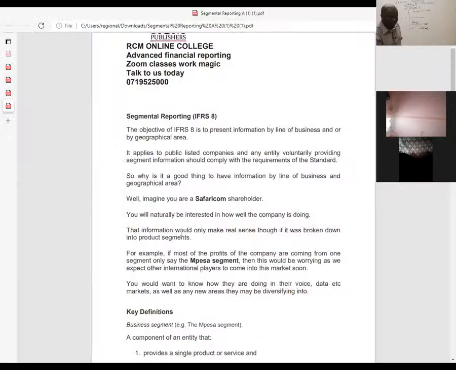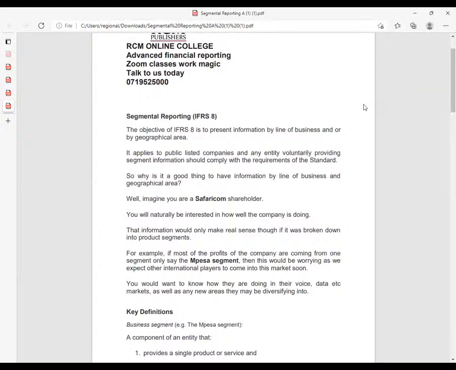We continue. So why is it a good thing to have information by line of business and the geographical area? Well, imagine you are a Safaricom shareholder. You will naturally be interested in how well the company is doing. That information will only make real sense if it was broken down into product segments.